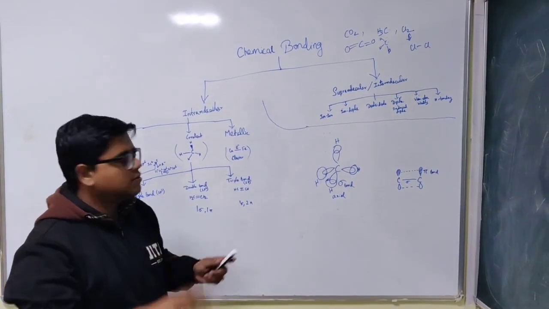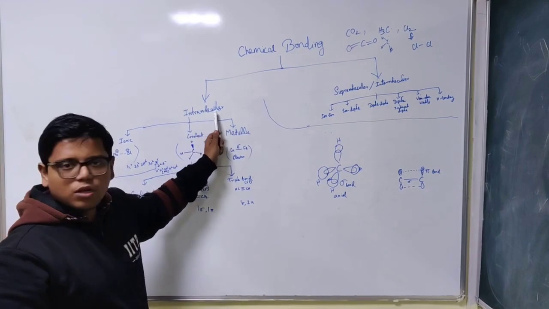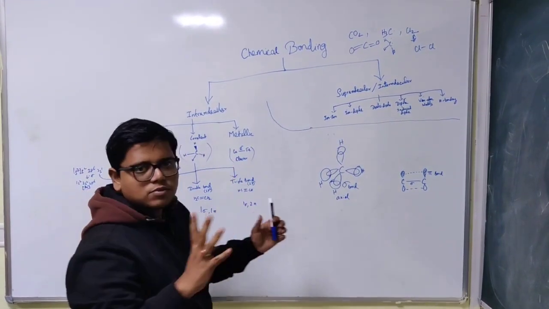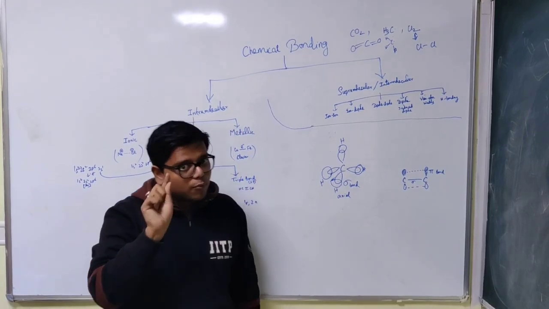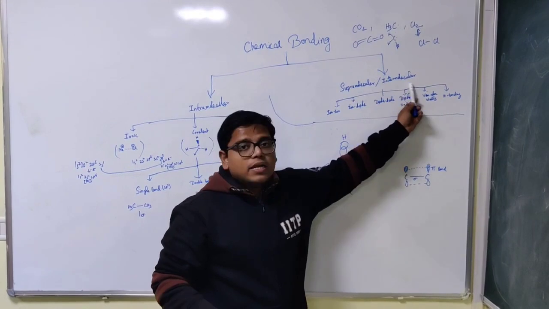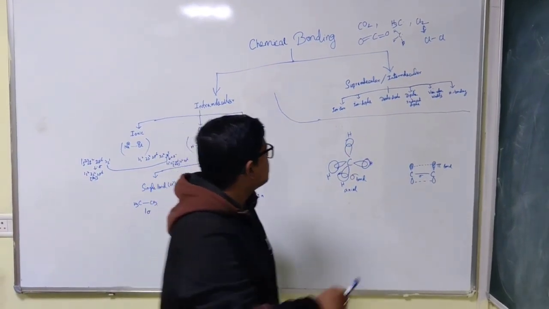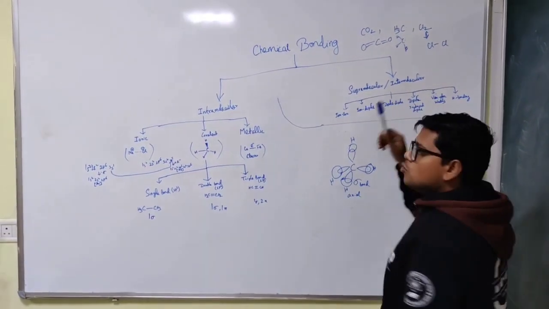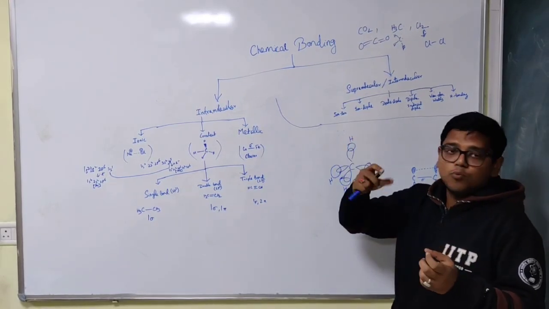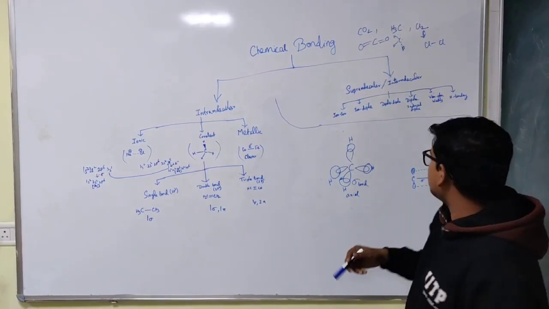mainly of two types. One is intramolecular, that means two atoms coming together to form one molecule, and supramolecular or intermolecular. This is bonding between two molecules to get more attracted.